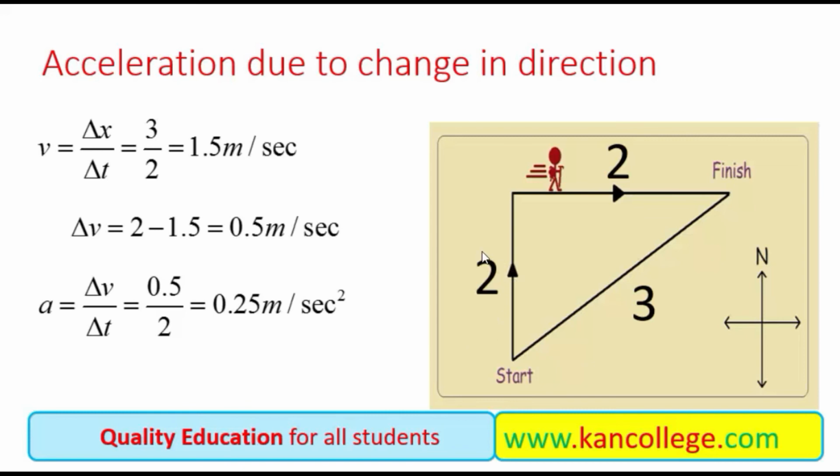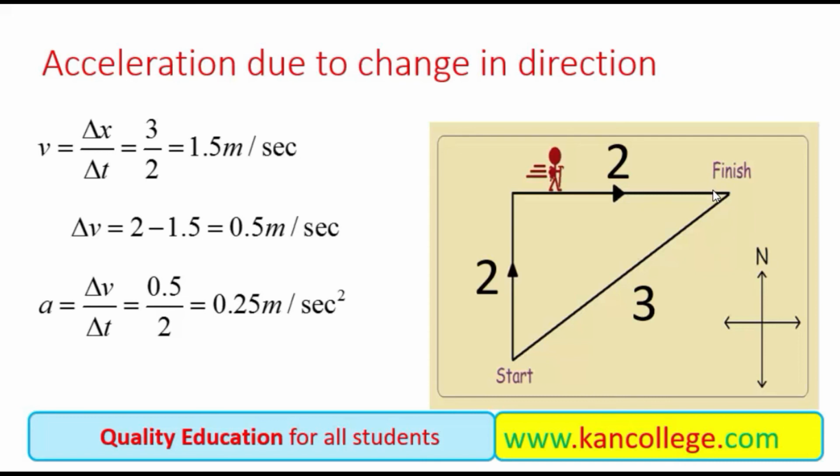So he claims I have a velocity of 2 meters per second. And then in the next second, he claims I again traveled 2 meters in 1 second. So I am moving with a velocity of 2 meters per second. And for the whole course of motion, he claims I am moving with a velocity of 2 meters per second.